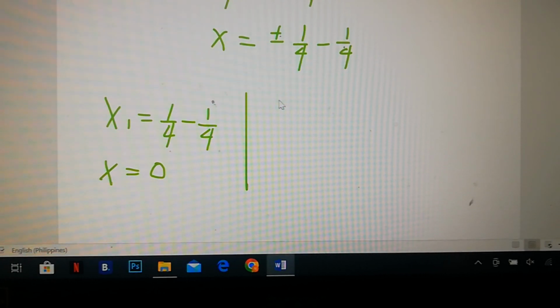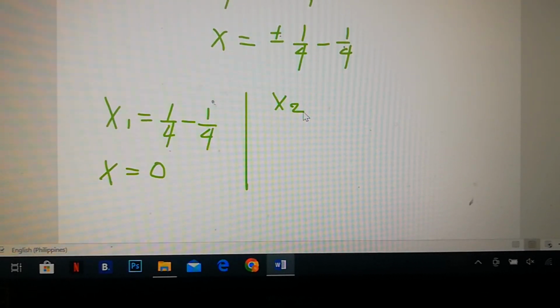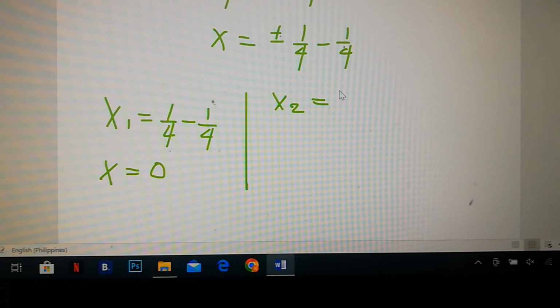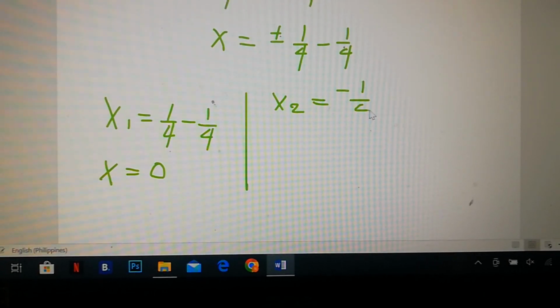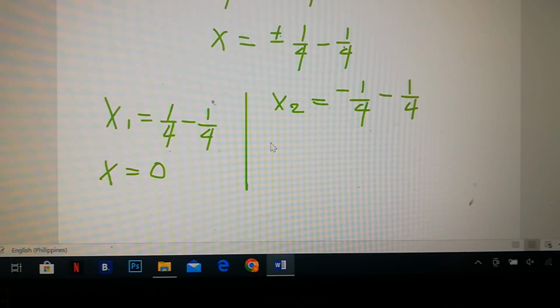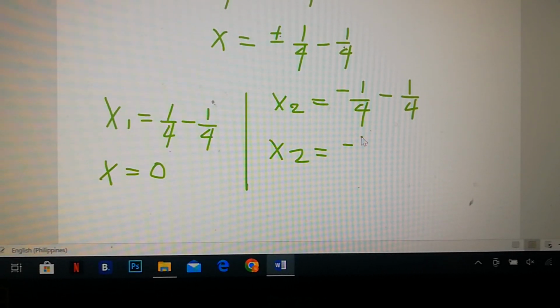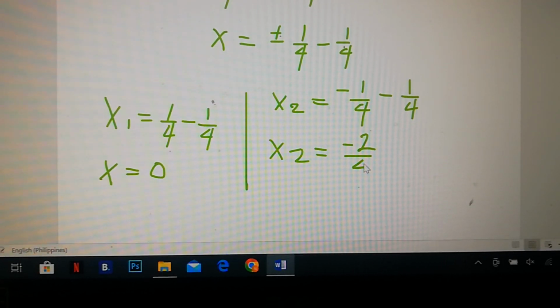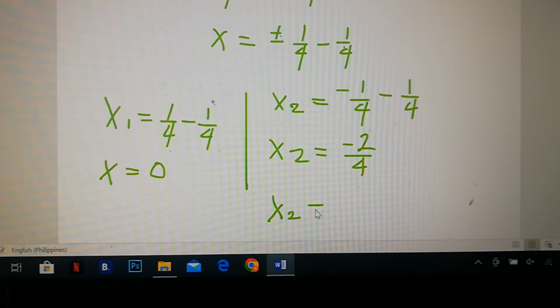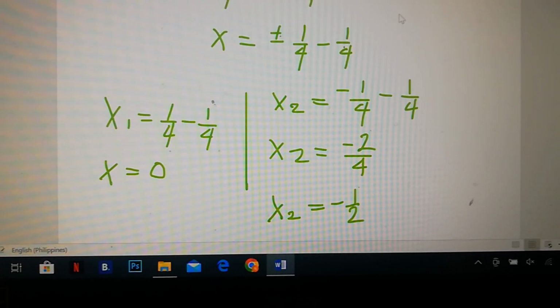Our second solution is x sub 2 is equal to negative 1/4 minus 1/4. X sub 2 is equal to negative 2/4. You simplify the result. X sub 2 is negative 1/2. So these are now the solutions of the quadratic equation.